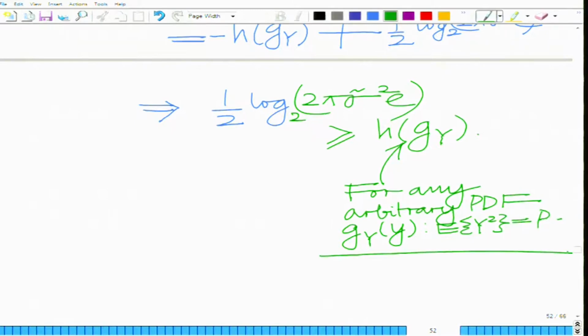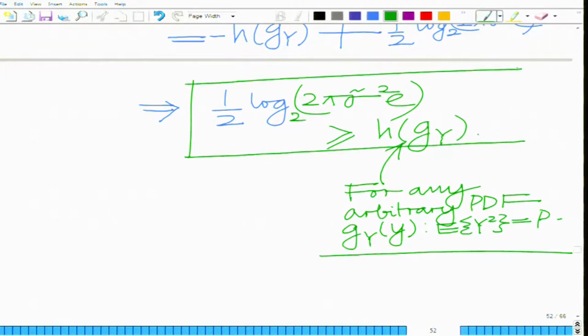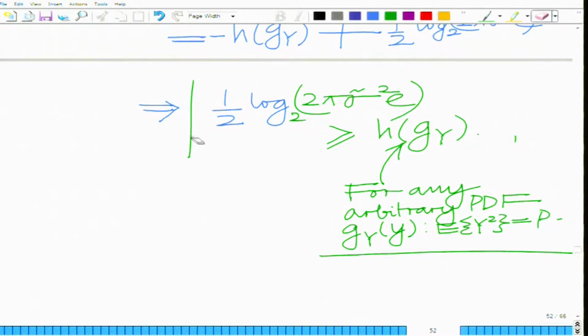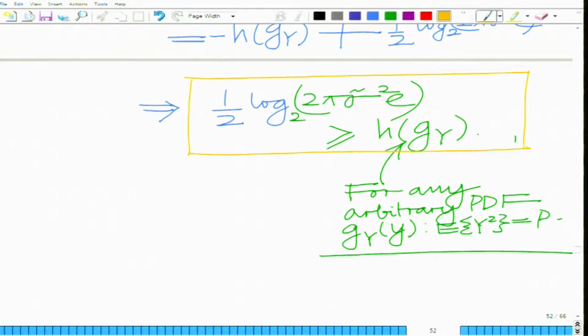That is interesting. So, what we have shown is a very important result: for a given variance, that is, if you consider a random variable with a given variance and mean 0, the Gaussian probability density function maximizes the differential entropy.